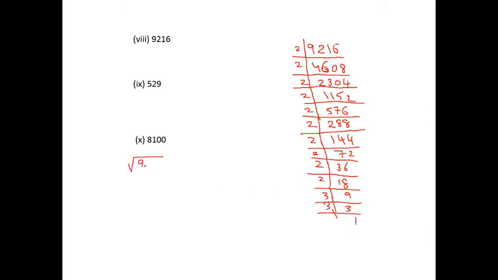Under root 9216 is equal to, make a round, 2 to the power 2. Again second, third, fourth, fifth, each 2 to the power 2, and 3 to the power 2.